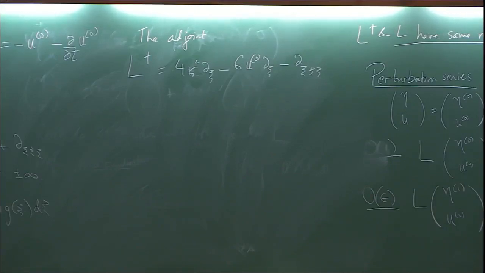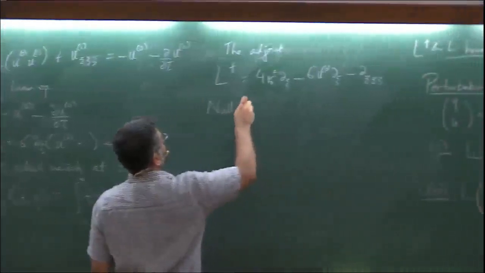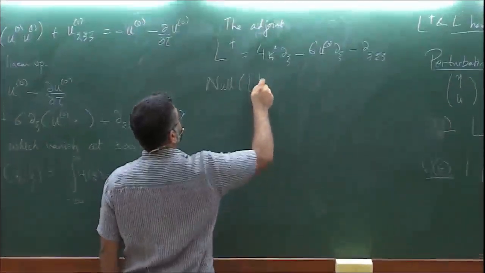When I do the integration by parts, the derivative goes, and then that's just a multiplication. So L dagger looks precisely like that, and it's L dagger's null space that we're interested in, because that's what this combination should be perpendicular to. So we want the null space of L dagger.